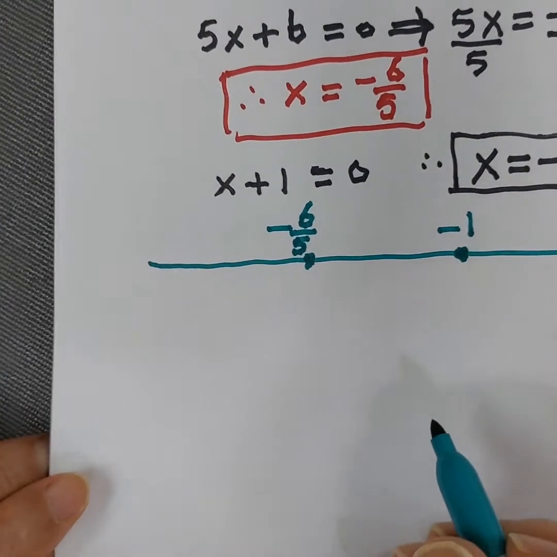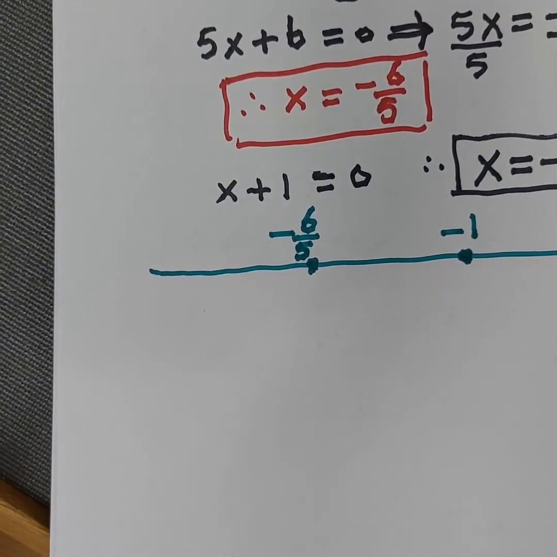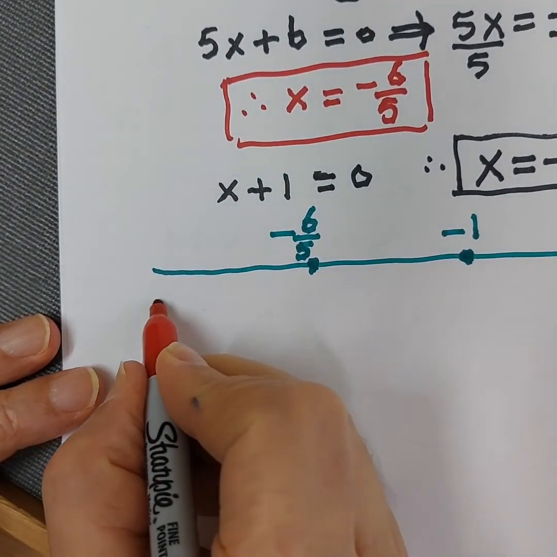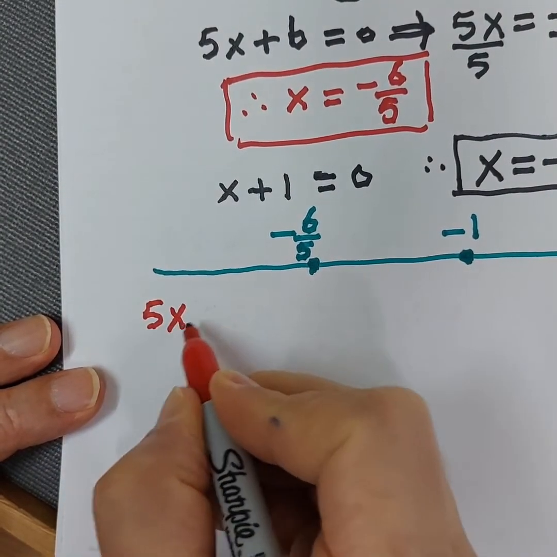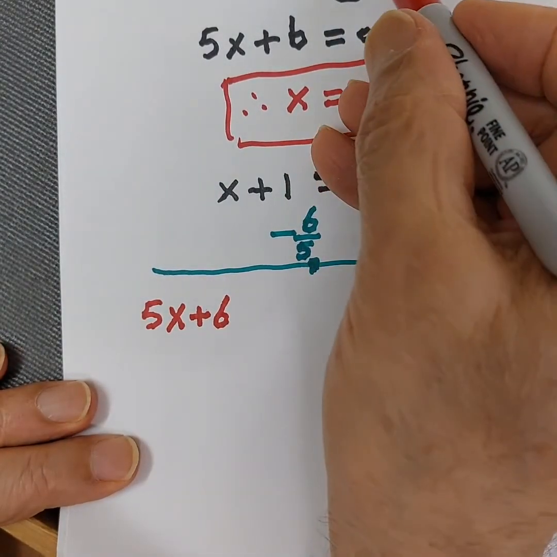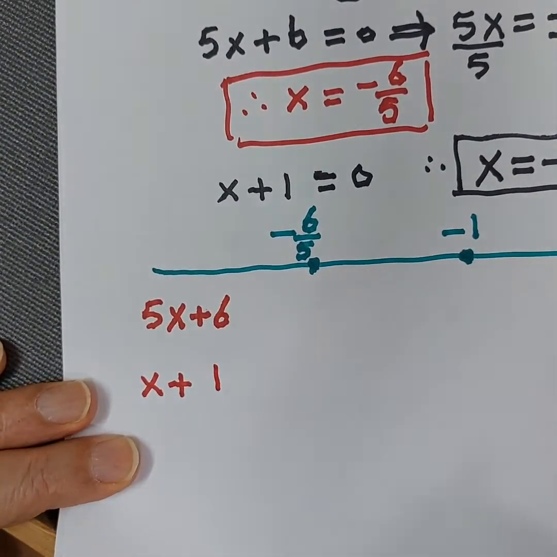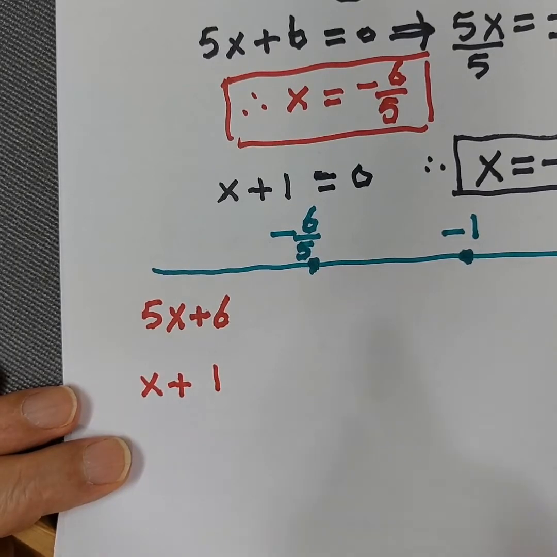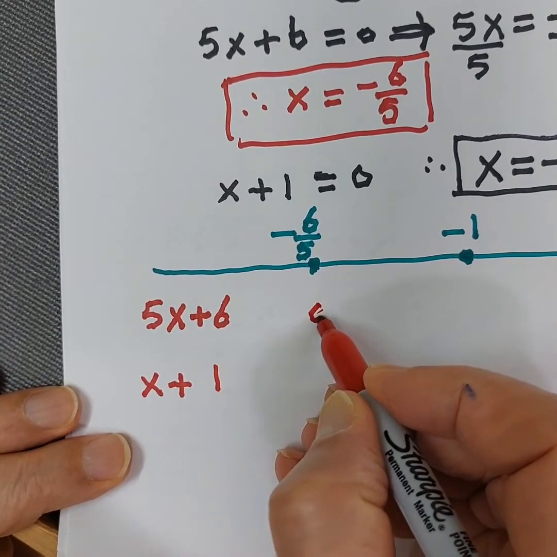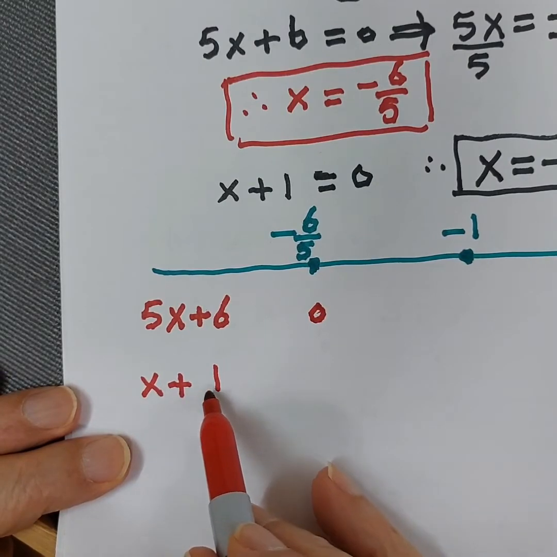Okay, now we will study the sign for each of these two factors. First factor, 5x plus 6, and the second factor is x plus 1. This factor has the value 0 at this number, and this factor has the value 0 at this number.